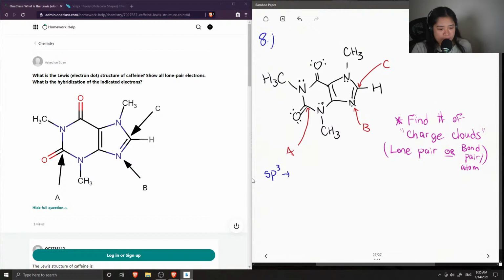So we have sp3 hybridization when we have 4 charge clouds. We have sp2 when there are 3. And we have sp when we only have 2.